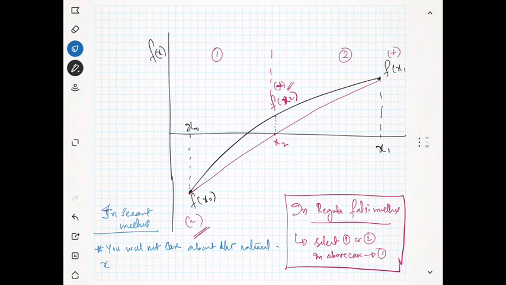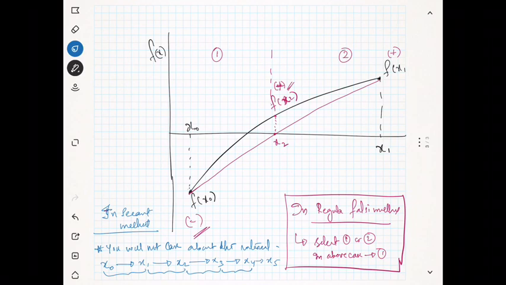At first you will find x0, after that x1; x0 and x1 will be given. By using these you will be finding x2. After that you will consider x1 and x2. By using x1 and x2 you will find x3, by using x2 and x3 you will find x4, and by using x3 and x4 you will find x5, and so on.